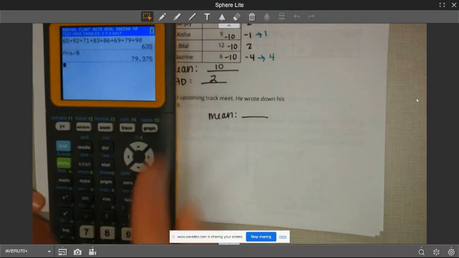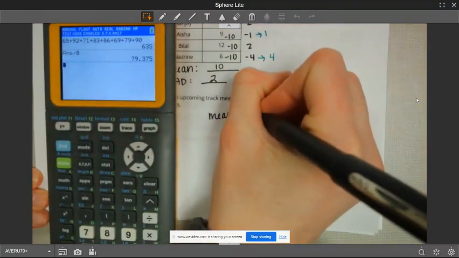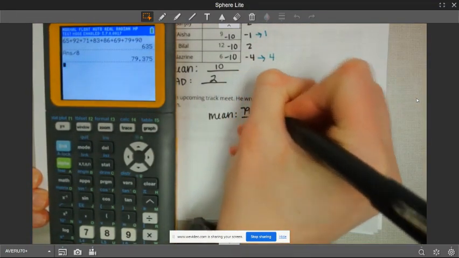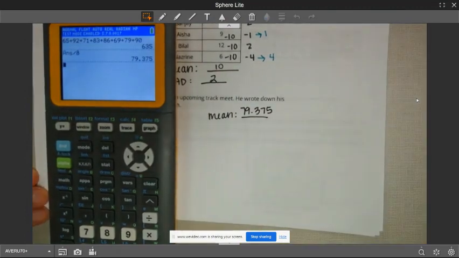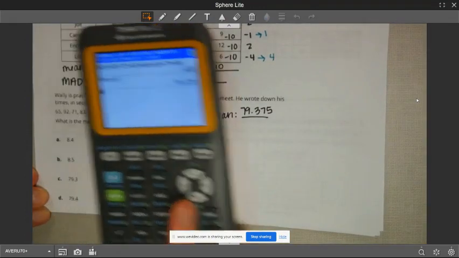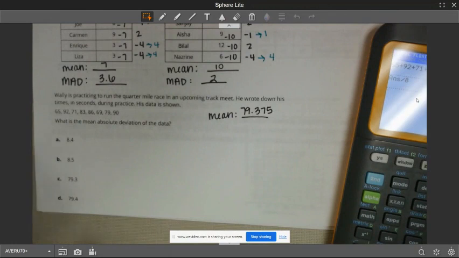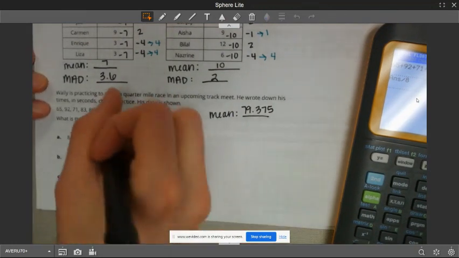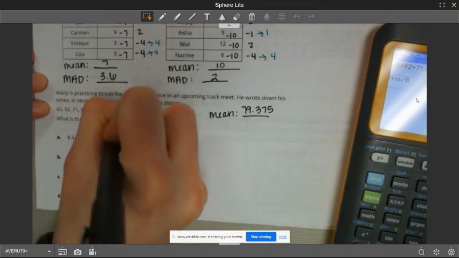And I get 79.375. Like I said before, we're not rounding these numbers. Not until the very end at least. So I'm going to keep that all the way out those 3 decimal places. So now I need to subtract the mean from all of the data points.